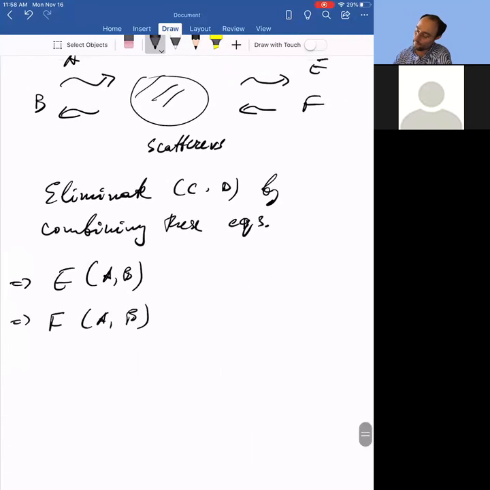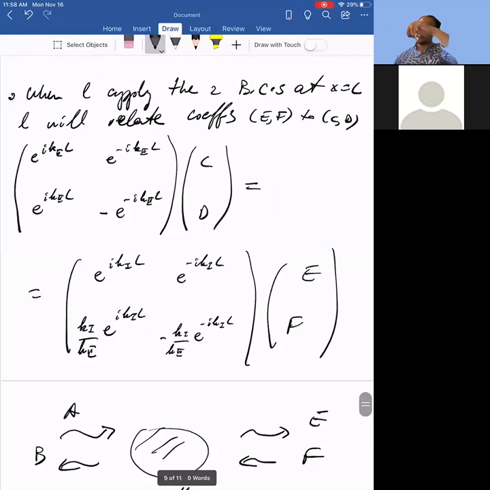Okay. But I'm interested in a situation where you have a wave arriving from the left, part will be reflected, part will be transmitted. Nothing will be arriving from the right. Yes, I can look at situations where you have two waves arriving from the left and from the right, but I'm driven by a physical situation where a wave arrives from the left.